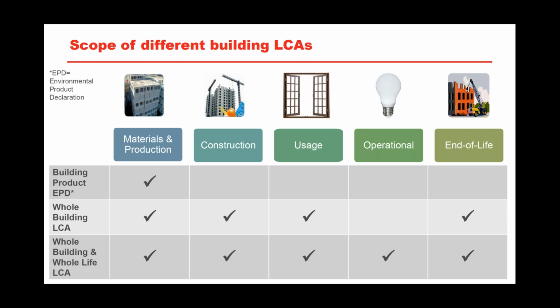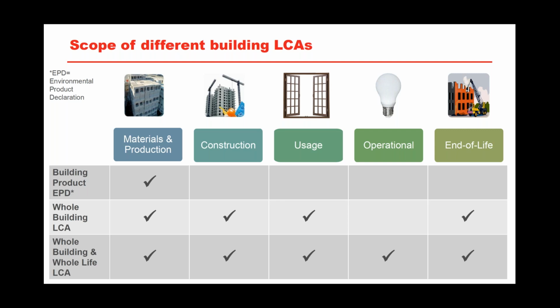You'll also hear reference to whole building life cycle assessments. And as you can see here, that constitutes the materials and production, construction. Usage here is meant to be like if there's a replacement of building products or maintenance throughout their life, and what happens to them at end of life.